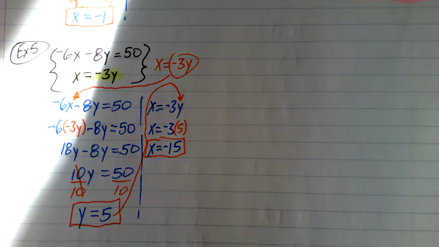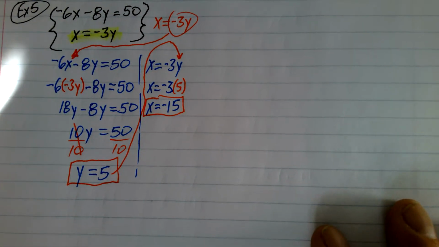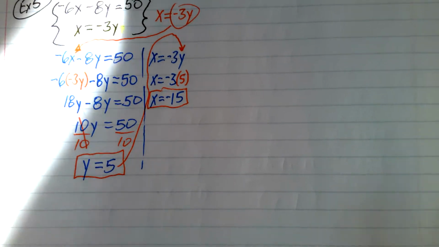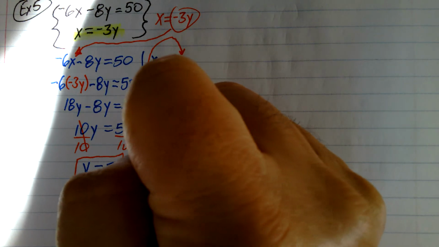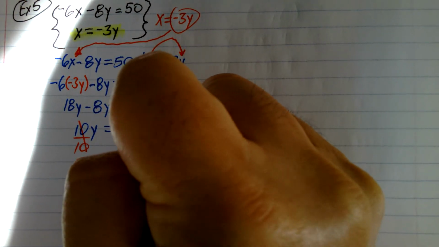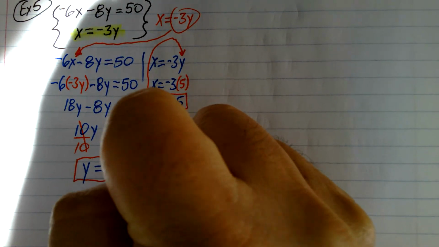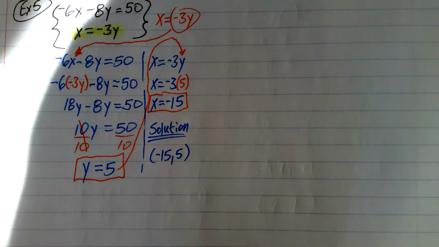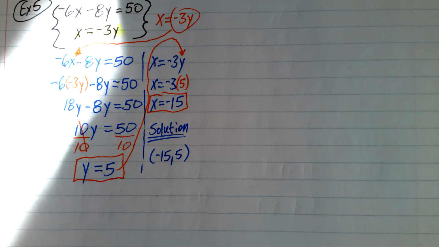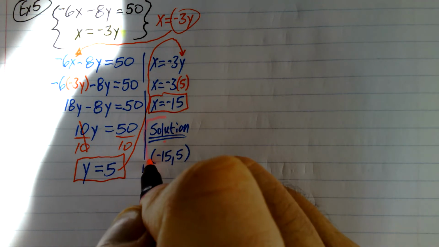I get x equals negative 15. And I got my answer for x now. So I got my solution. These two lines, if I were to graph them, would cross at negative 15, 5. My solution is negative 15, 5.